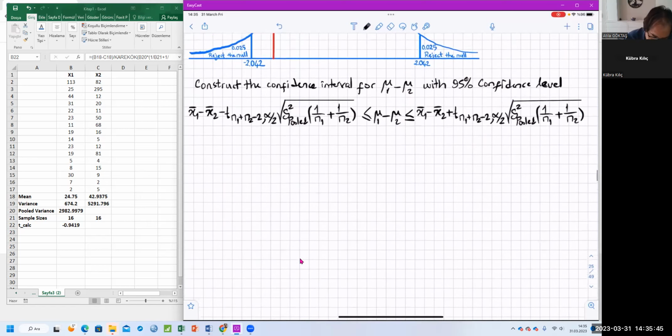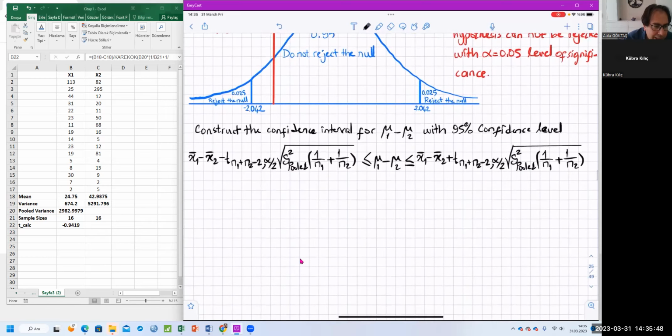Okay. So X1 bar is already there in Excel.